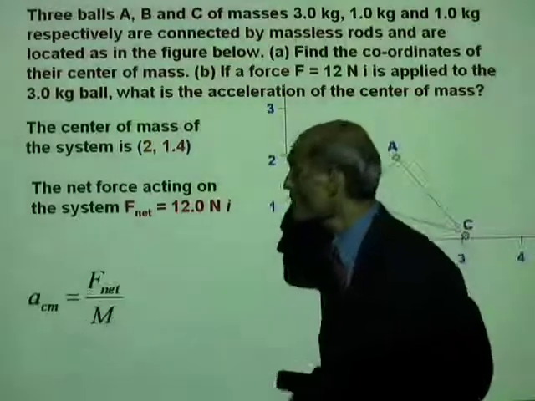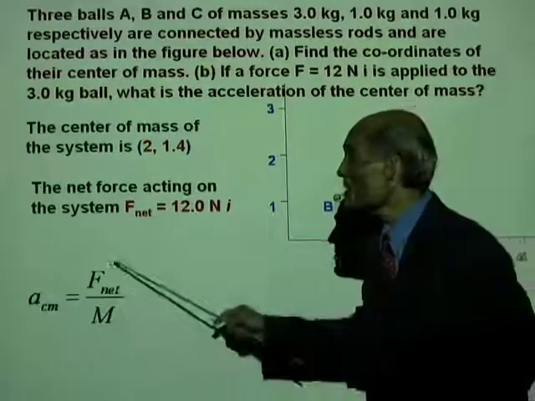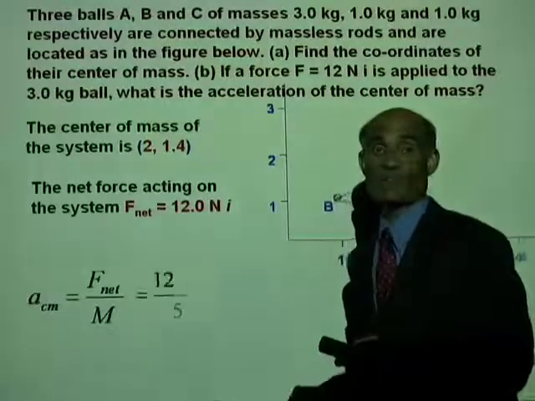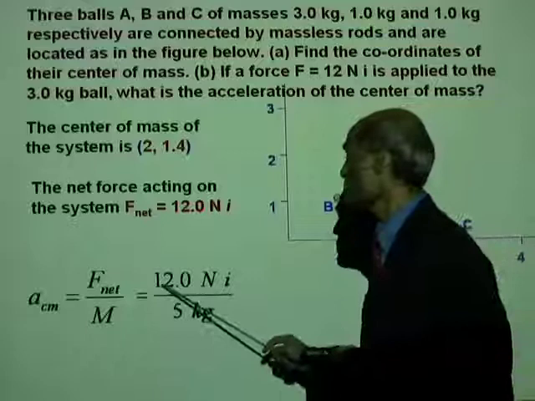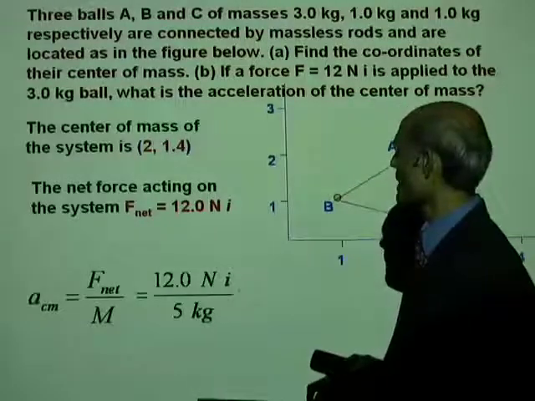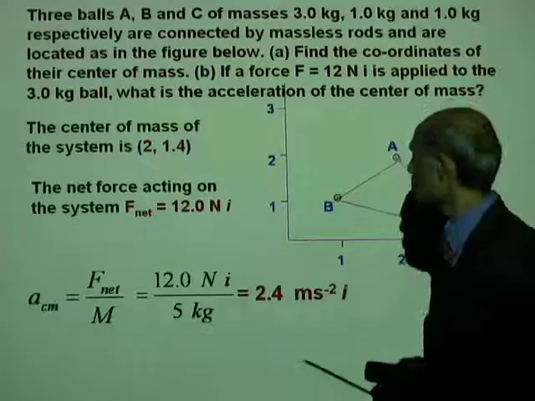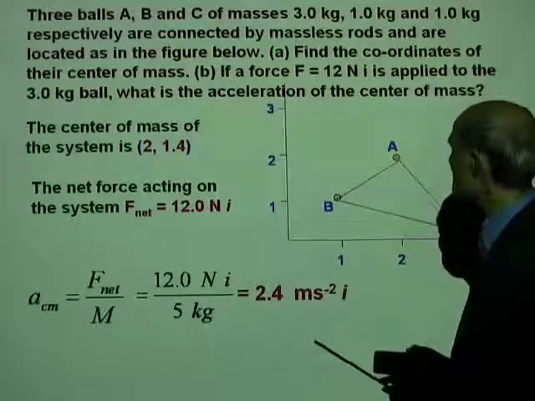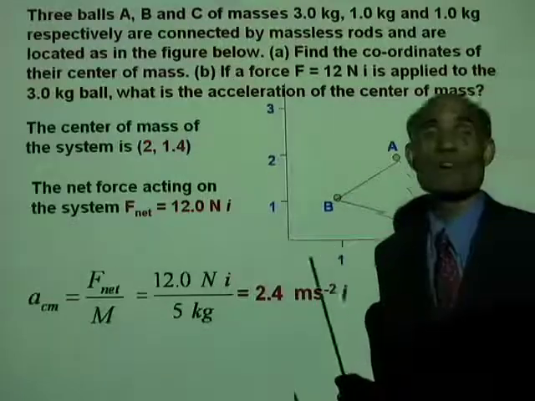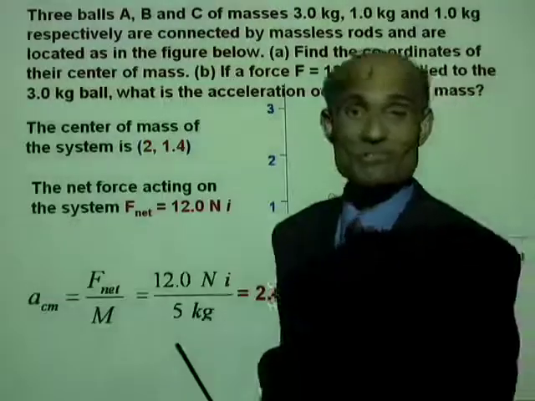Therefore, the acceleration of the system is the net force divided by the total mass. And that is 12 Newton i divided by 5 kilogram, and that is 2.4 meter per second squared, the acceleration of the center of mass. Is that right?